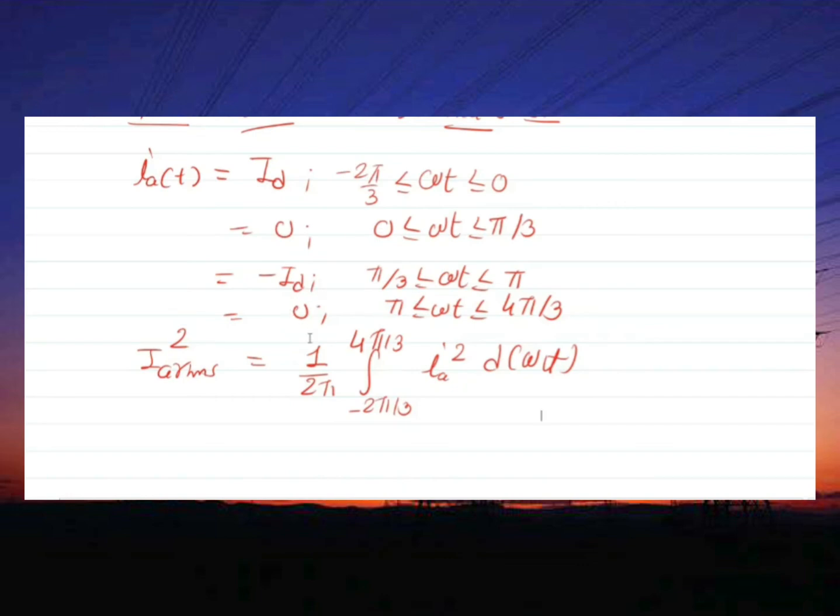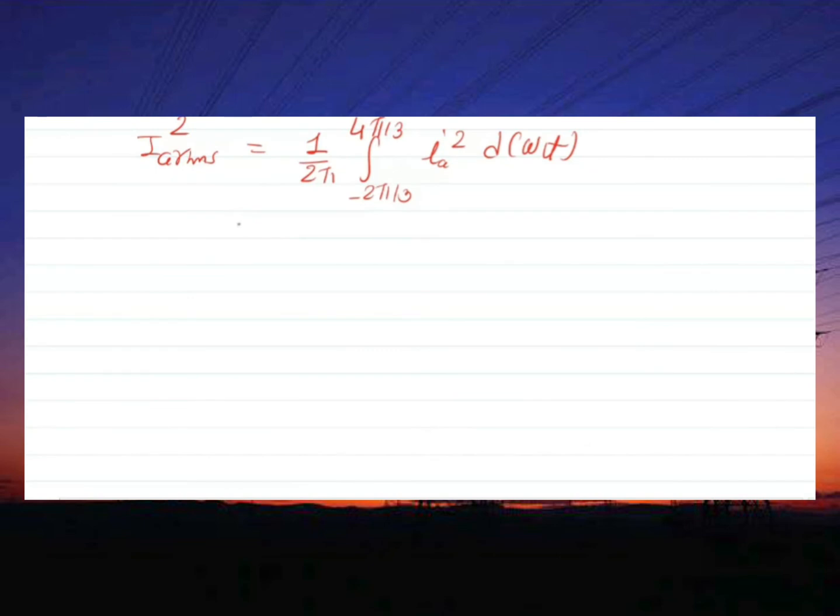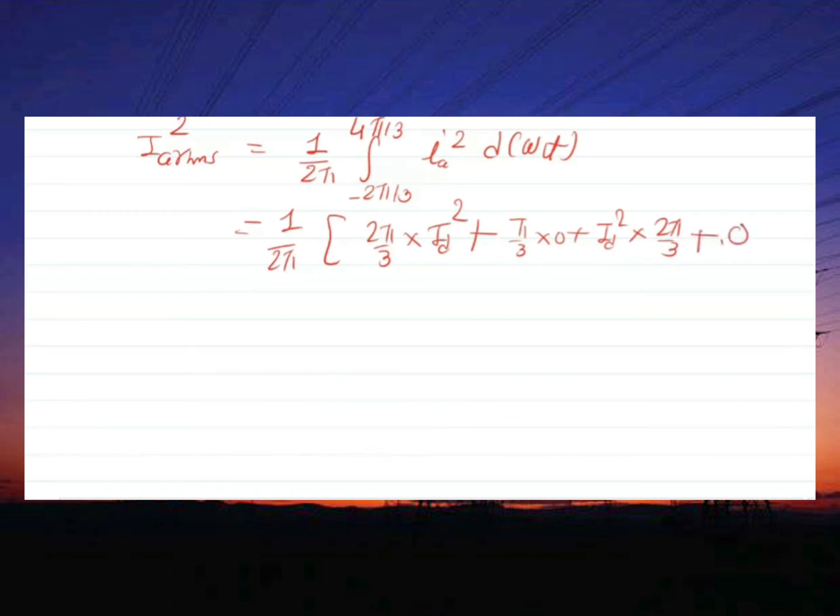So the zero terms are eliminated directly. It is equal to 1 upon 2 pi, into 2 pi by 3 into ID square because the magnitude is ID, plus ID square into 2 pi by 3 for minus ID, but as it is a square, it is positive.